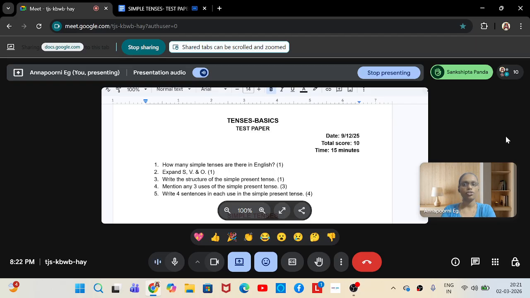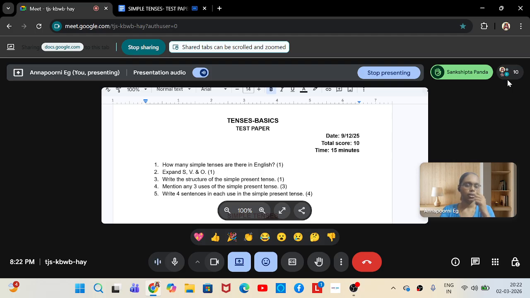Guys, what is the structure of the present continuous tense? Subject plus is, am, or are plus V1 plus ing plus object. Yes, subject plus am or is or are plus V1 plus ing plus object. Okay, so do not forget the helping verbs am or is or are. After that, you will be adding V1 plus ing plus object.